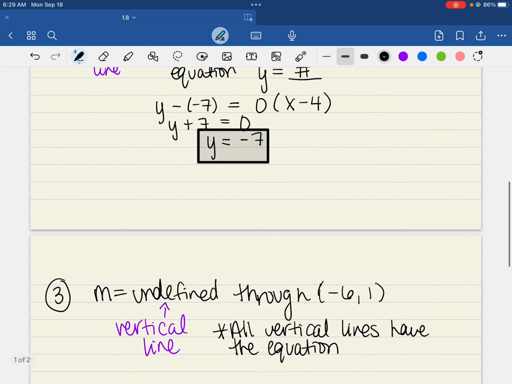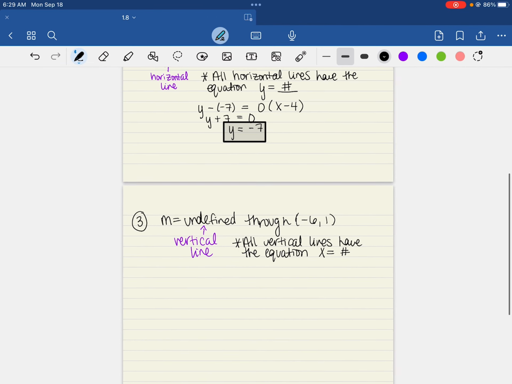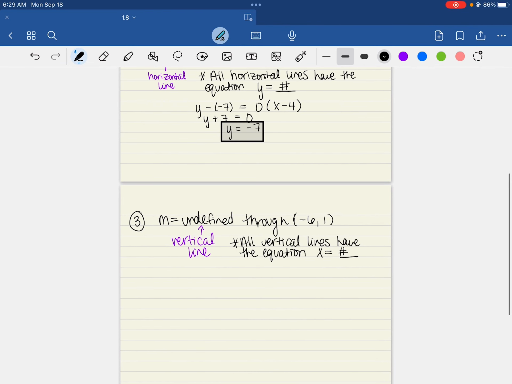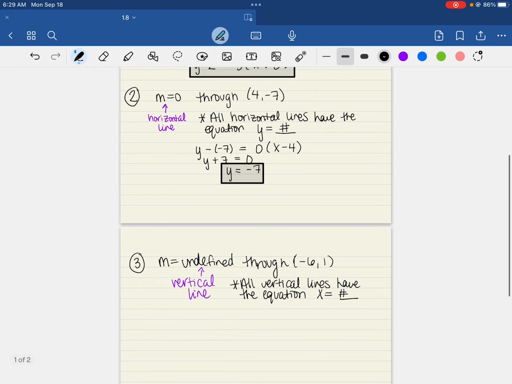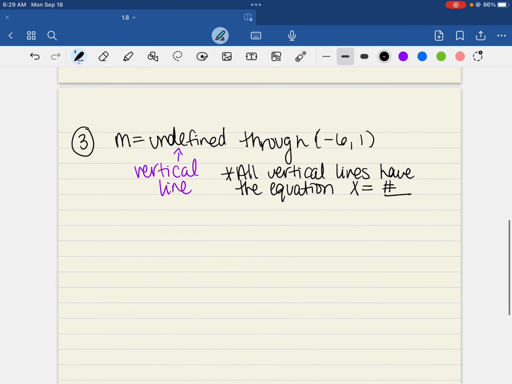In the last situation we had y equals a number. So a horizontal line has y equals a number, vertical line has x equals a number.